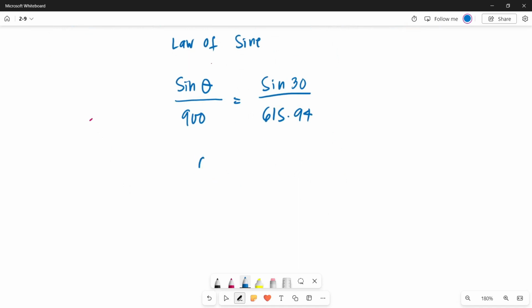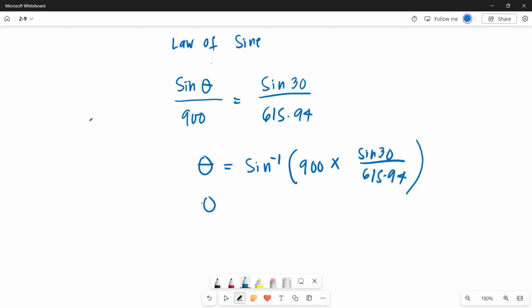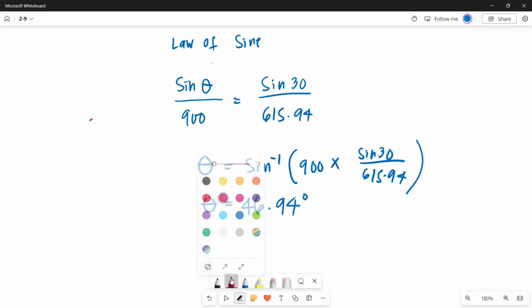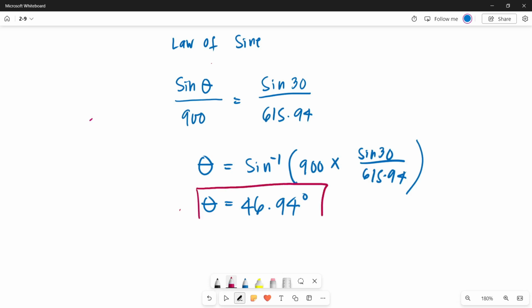So now we can get the value of our theta, which is equal to arc sine of 900 times sine 30 over 615.94. So the value of our theta is equal to 46.94 degrees. And that's how, guys, we can get the value of our theta.